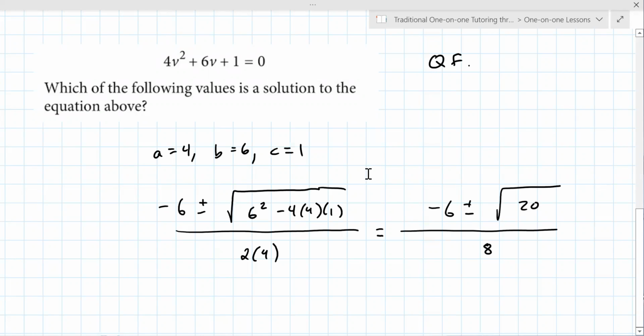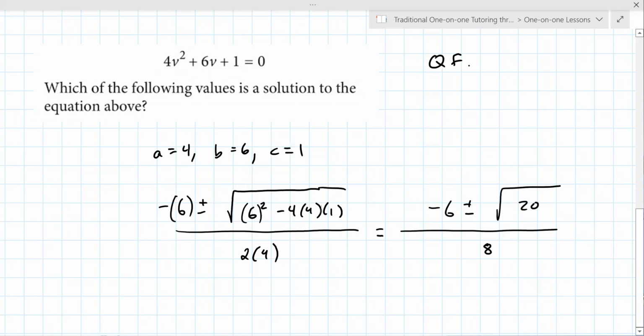So there's the negative parentheses 6 parenthesis plus minus square root, and then I have 36 or 16, sorry, over 8. It's 36 minus 16 though, isn't it? Oh, shoot, 20. 20 over 8. Is that right? Yeah. Okay. You don't need the parentheses after you substitute in parentheses. I know I said to do that and I didn't even do that.